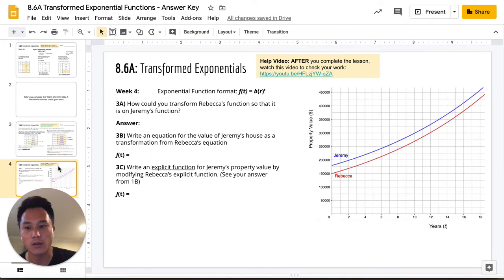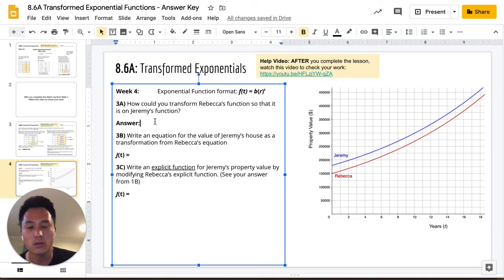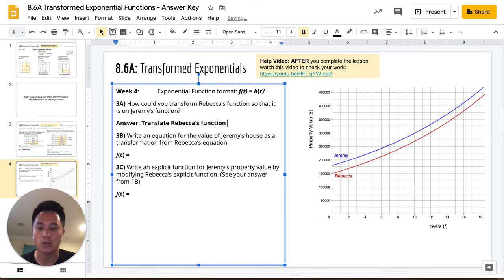And we see that in the graph too, that Jeremy's curve is always 30,000 units above Rebecca's. So what I would have to do to Rebecca's curve so that it's on top of Jeremy's curve is I would have to translate Rebecca's function 30,000 units up. And then it'll be right on top of Jeremy's.